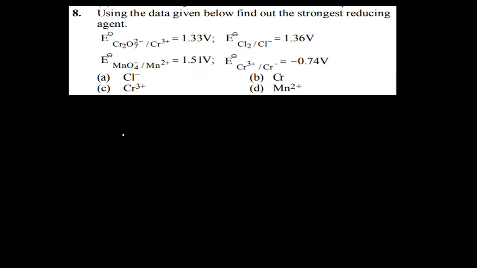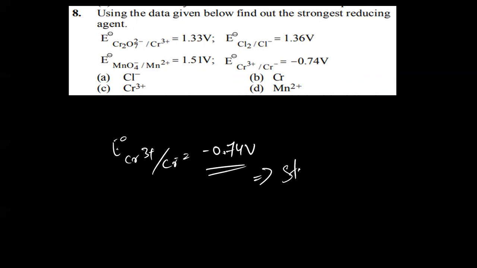The highest negative value of E naught is given for chromium, that is minus 0.74 volt.